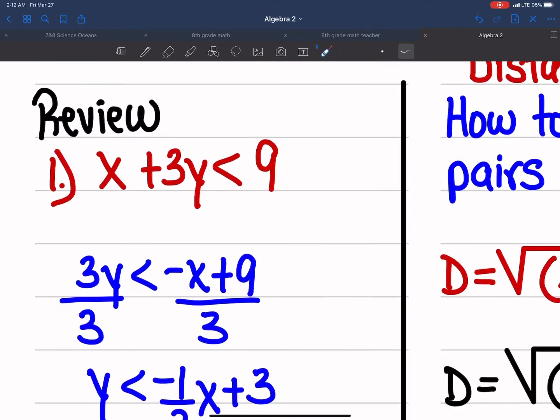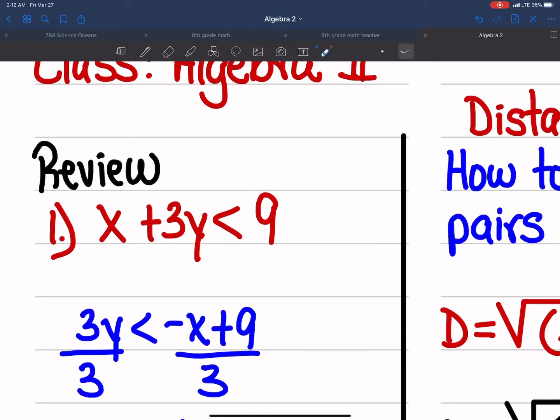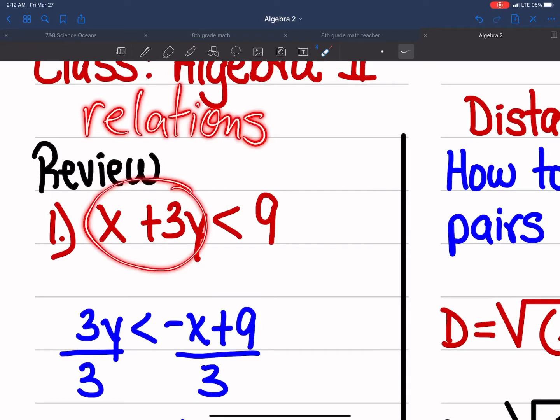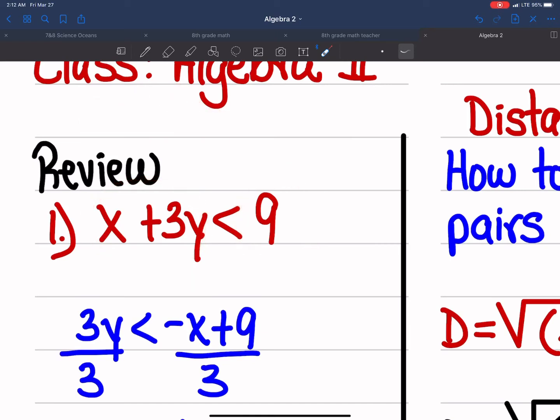All right, so here we go. Quick review. In inequalities, our goal is to show relations between the two sides of the inequality.